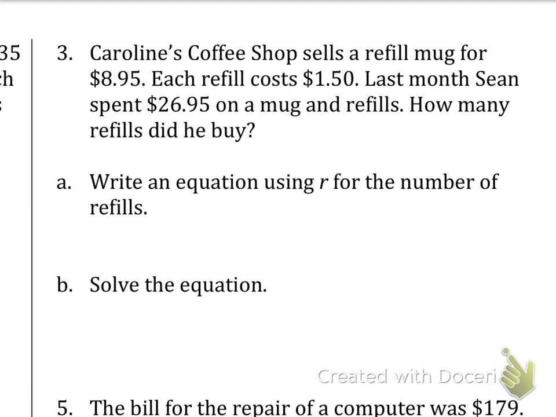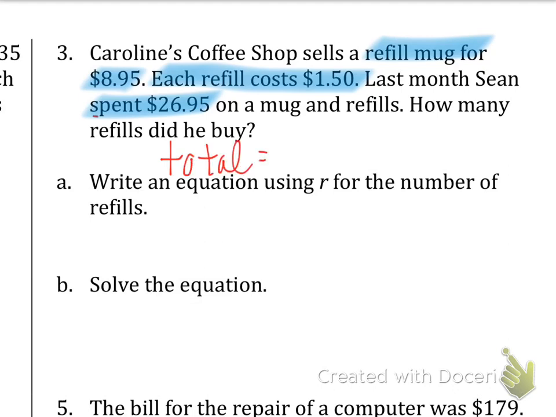Caroline's Coffee Shop sells a refill mug for $8.95. Each refill costs $1.50. Last month, she spent this much. So we want her total. We want x and whatever you're doing to x, and then your constant.